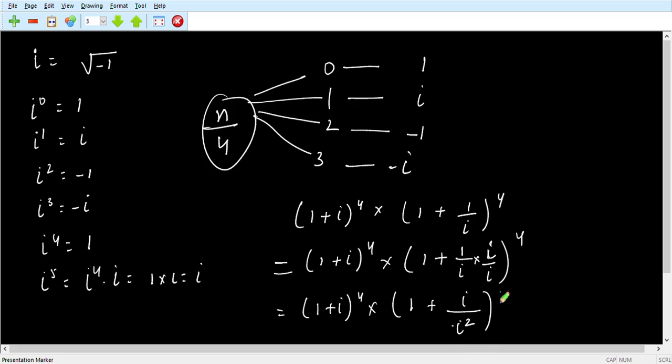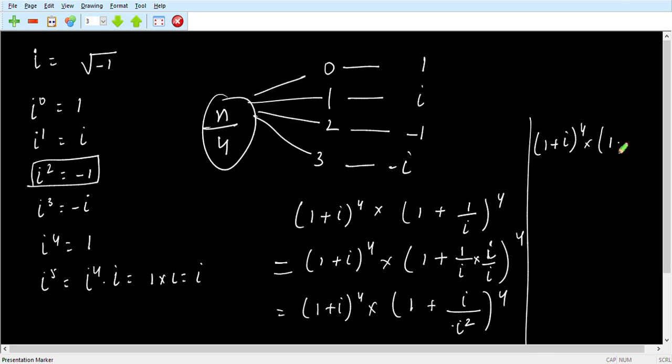We already discussed that iota to the power 2 is minus 1. So we put the value: (1 plus iota) to the power 4 into (1 minus iota) to the power 4. We have already gone through the concept that a to the power m into b to the power m is equal to (a into b) to the whole power m.